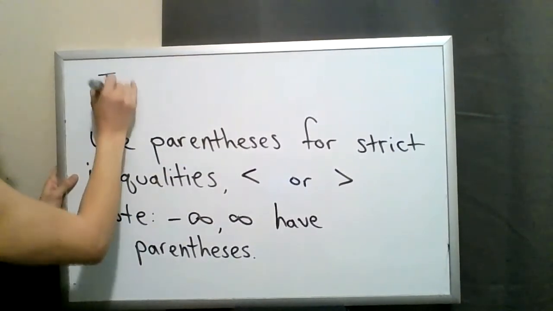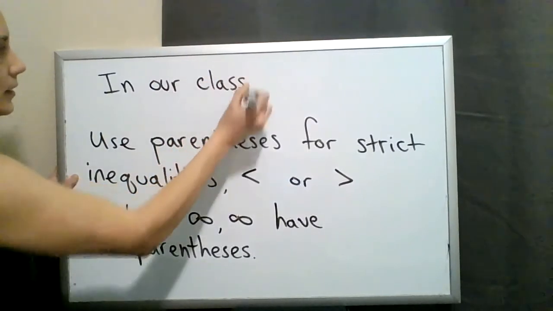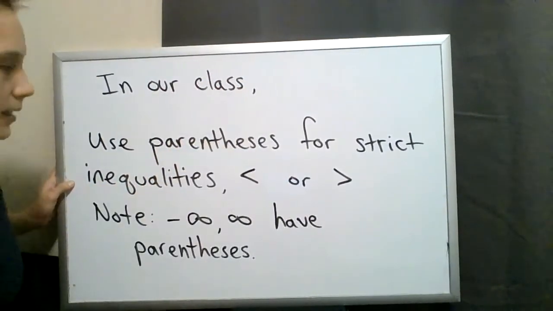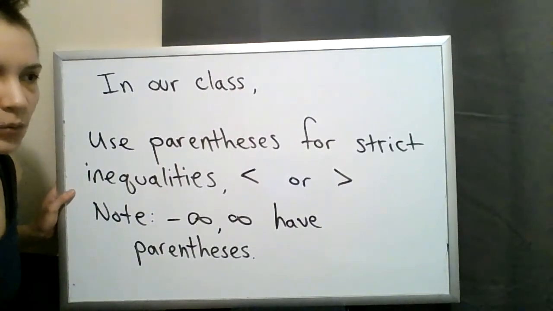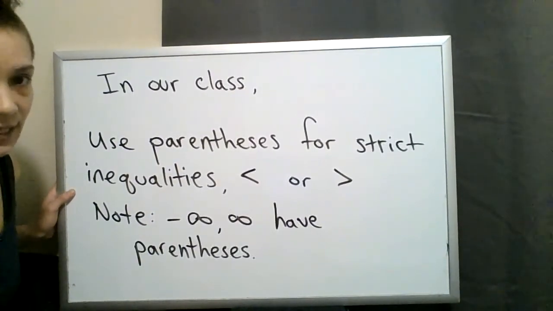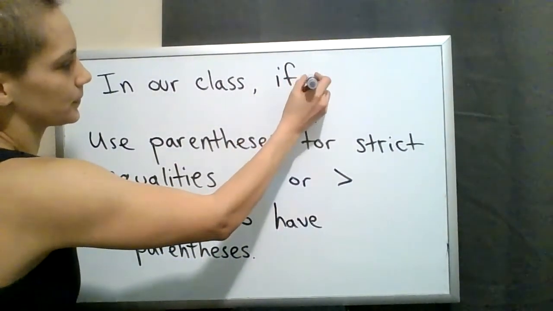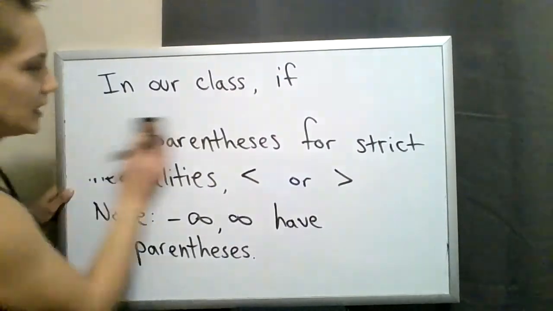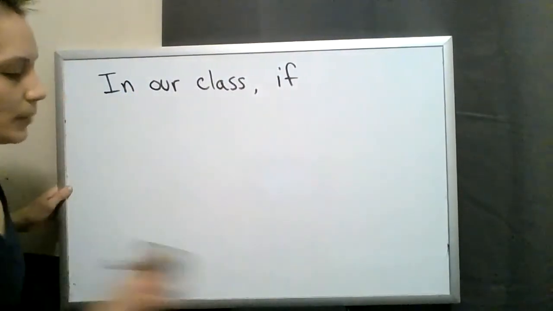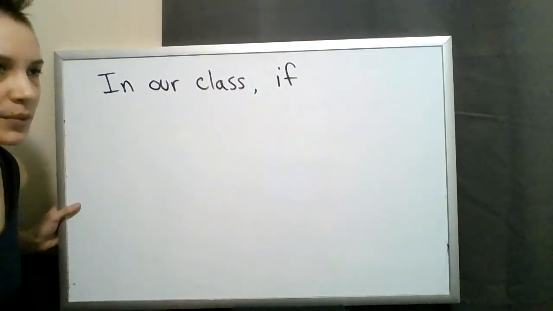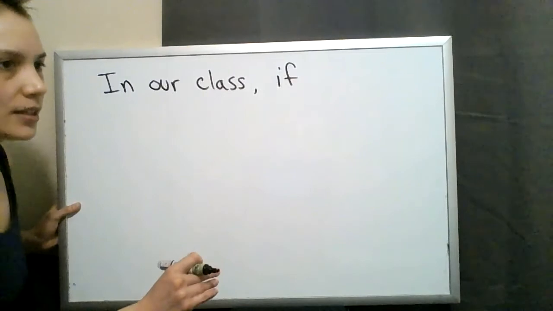We'll say it like this. If I don't specify what the variable x is, basically I'm trying to say x is a real number unless I tell you that it's a specific number or specific value.